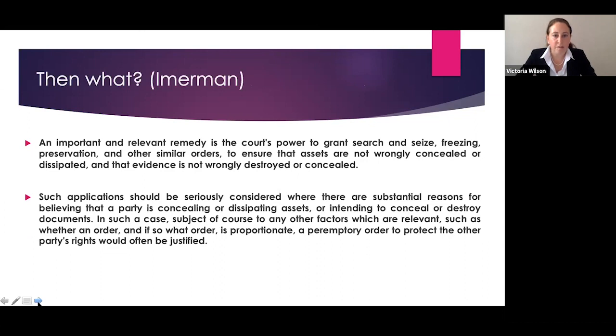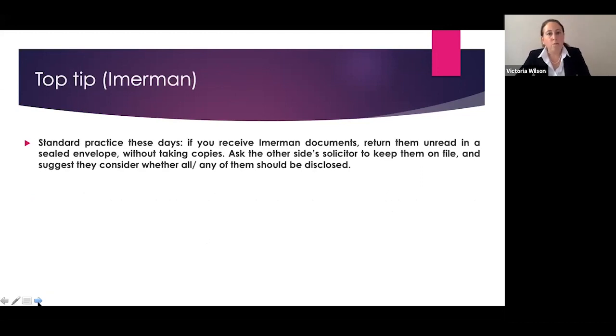And the judgment sets out that if there is a serious substantial concern that a party is concealing or dissipating assets or trying to destroy documents, then it's very likely indeed that a peremptory order to protect the other party's rights would often be justified. Now, what I would probably suggest, because this does come up a fair bit in practice, is if you have a client who turns up and gives you documents which they're not supposed to have, my suggestion is that you return them unread to the other side's solicitor.